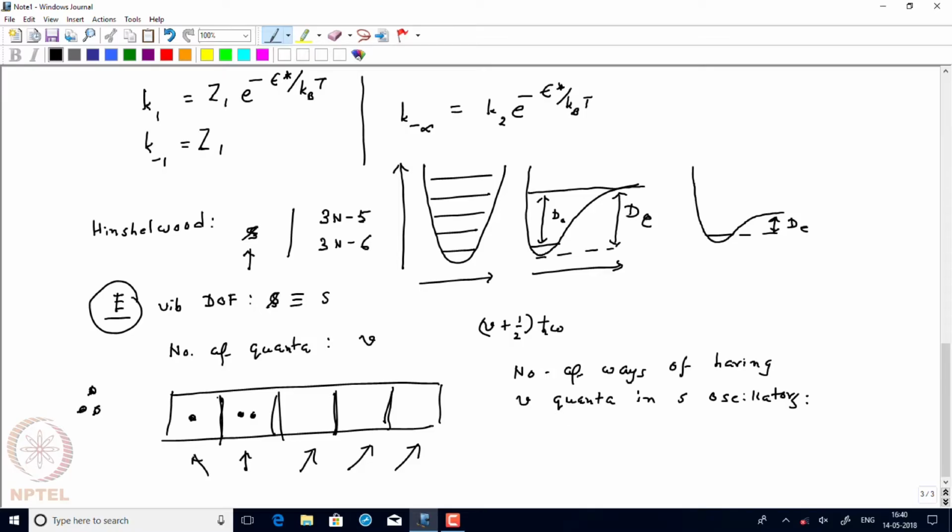So I have total V quanta and I have S minus 1 partitions. So that will be the answer.